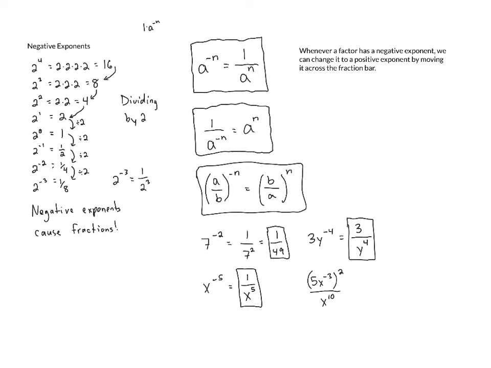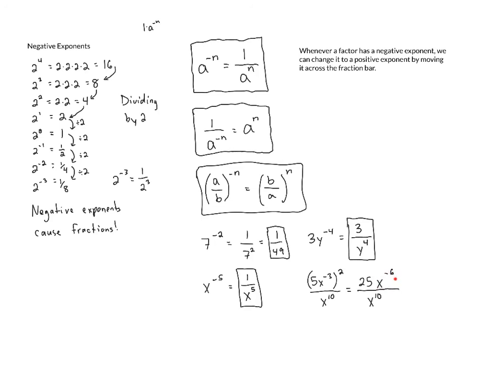And suddenly it's complicated. This is fine. We can deal with this. First, let's deal with this exponent that needs to get distributed. When we distribute it, 5 squared is 25. And then x to the negative third squared is x to the negative sixth. We know that we need to multiply those exponents, all over x to the 10th.